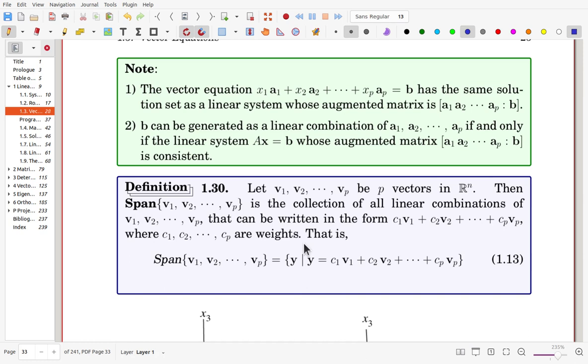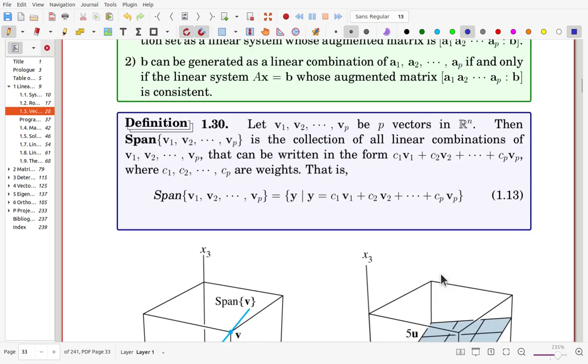That means the span is the collection of all vectors of this form for some weights c1 to cp.